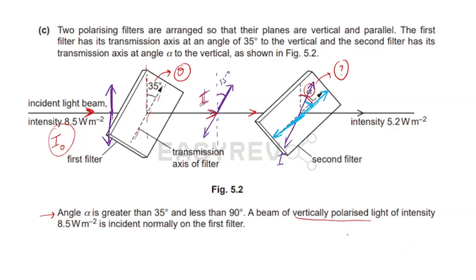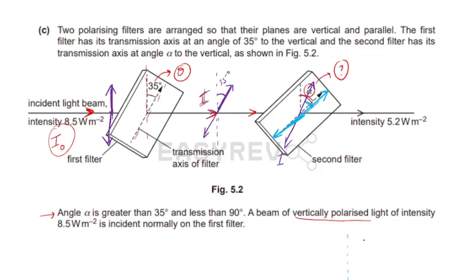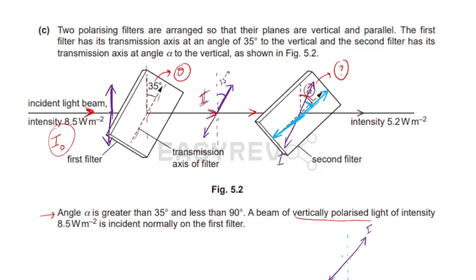So that's your vertical axis, right? Then you have your 35-degree incident light coming from the first filter, which I'll label I. And then you have the new light ray that's going to come out from here. Let's call that I1, the new one, with that new intensity of 5.2 watt per meter square.